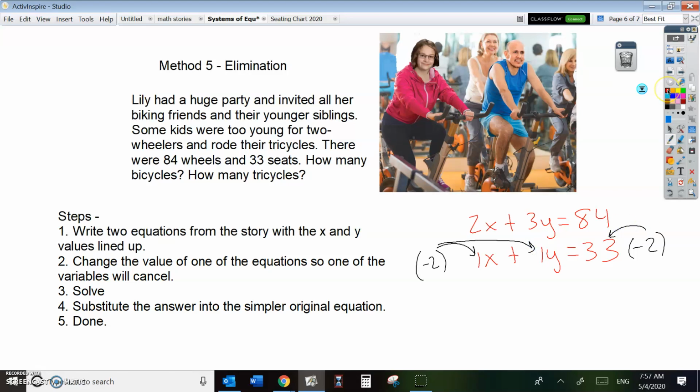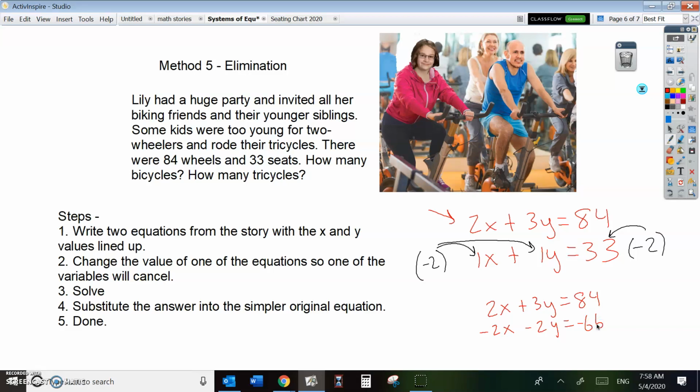So our original equation, the top one, is 2x plus 3y equals 84, and then negative 2 times 1x is negative 2x. Negative 2 times 1y is minus 2y. Negative 2 times 33 is negative 66.